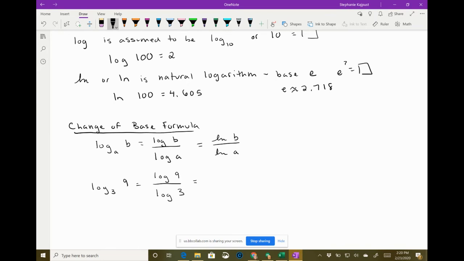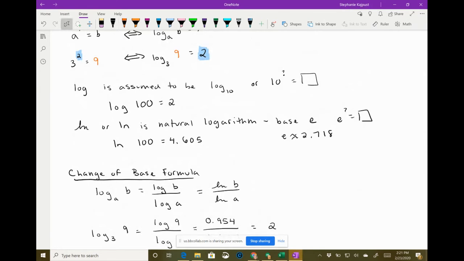So the log of 9 is 0.954. And then if I do the log of 3 on my calculator, I get 0.477. So when I divide those, it actually comes out exactly to 2.